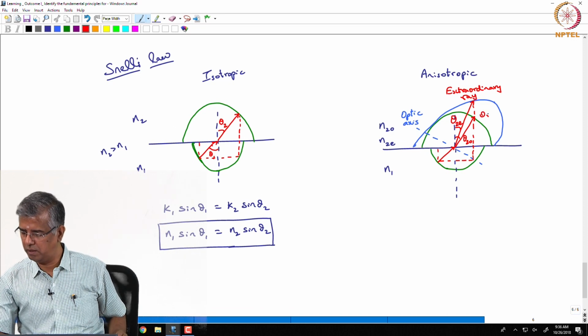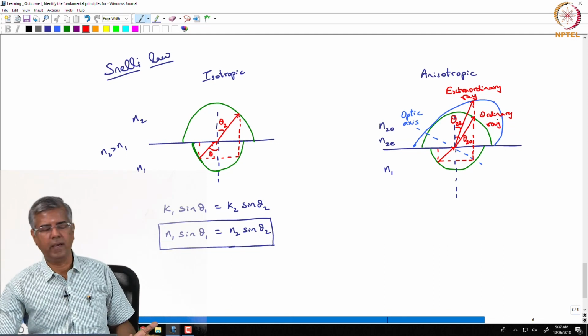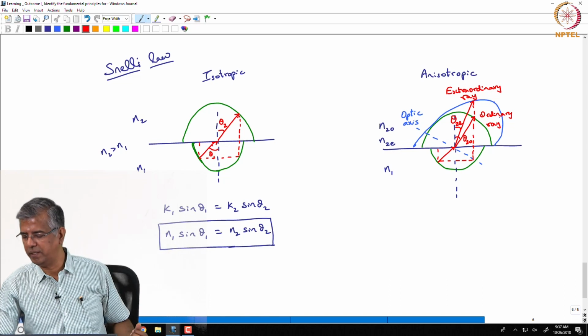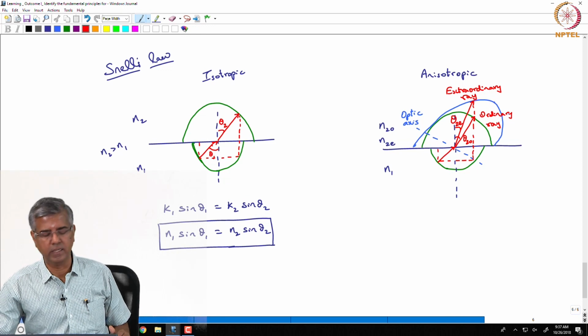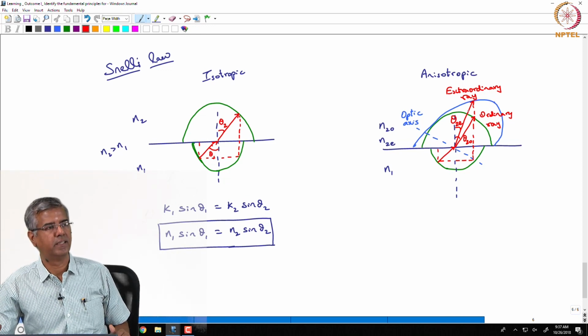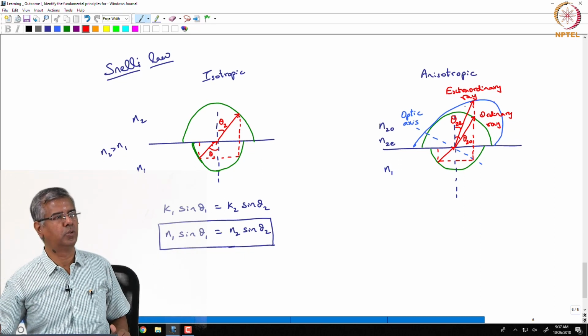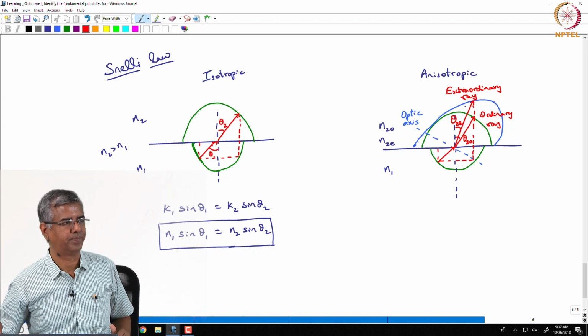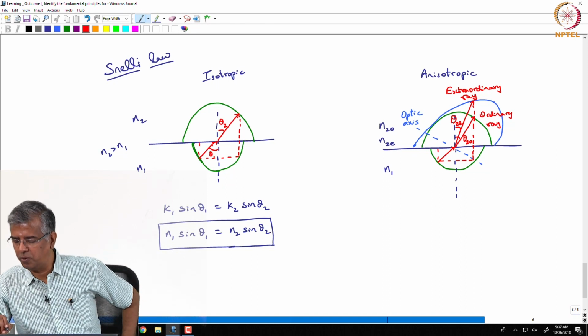So, this is called the ordinary ray because it acts in the same way as you would expect any isotropic material to respond. But the perpendicular polarization will correspond to this extraordinary ray.